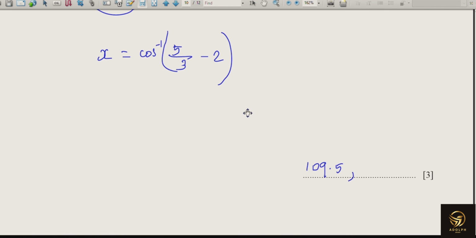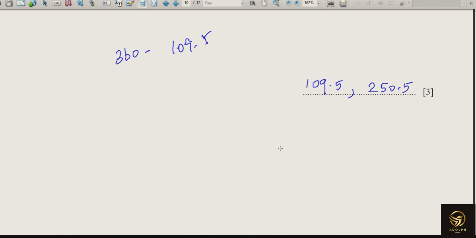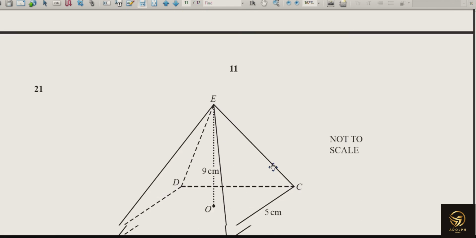So for cos, what will we do? Yes, we will be subtracting from 360. 360 minus this 109.5, if you do, you'll get the answer. It is 250.5, sorry, 250.5 is the other angle. Yes, so here actually for these kinds of questions you should give two angles.